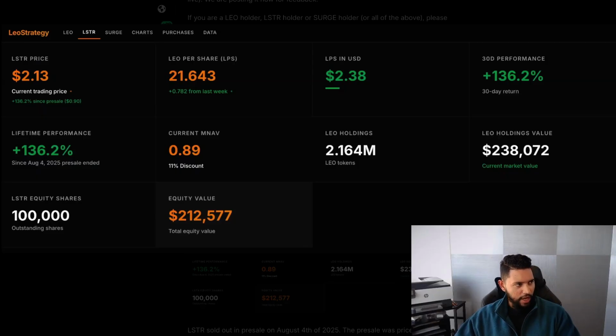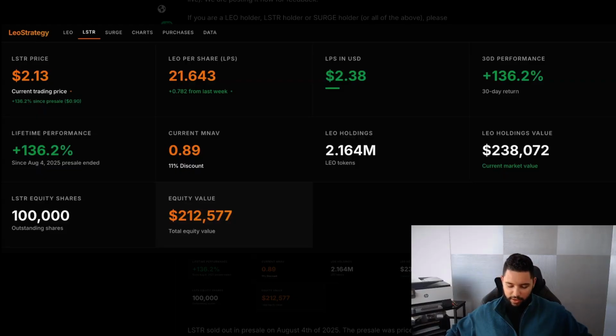So the MSTR MNAV is 1.326 versus the LeoStrategy MNAV, which is 0.89. That means that MicroStrategy is trading at a 32.6% premium relative to the net asset value. And meanwhile, LeoStrategy is trading at an 11% discount to the net asset value.